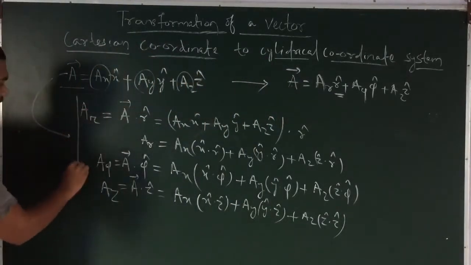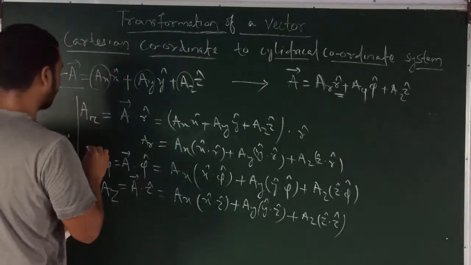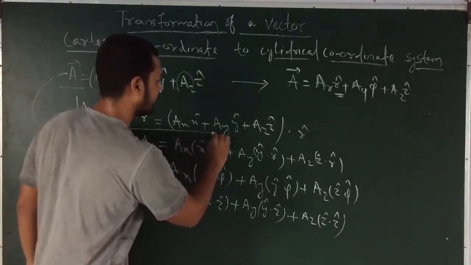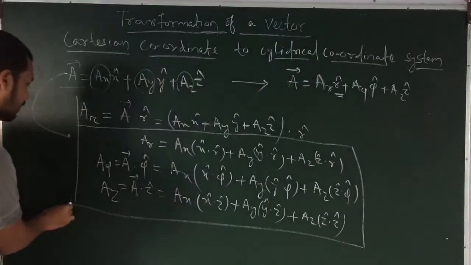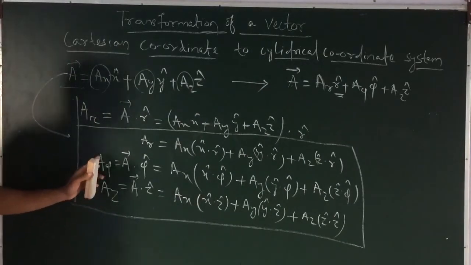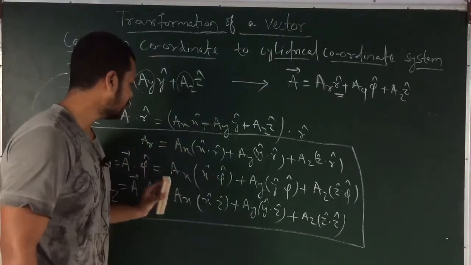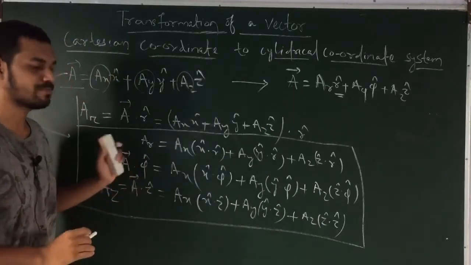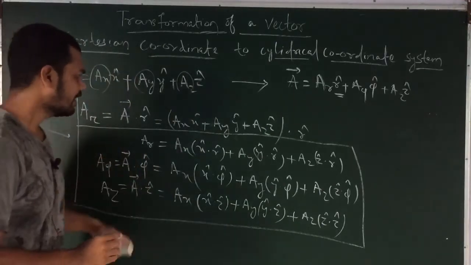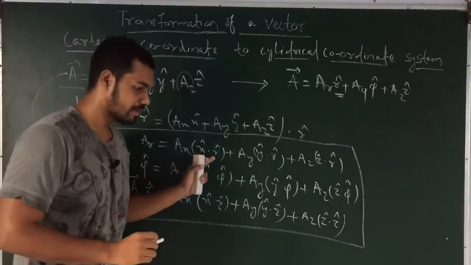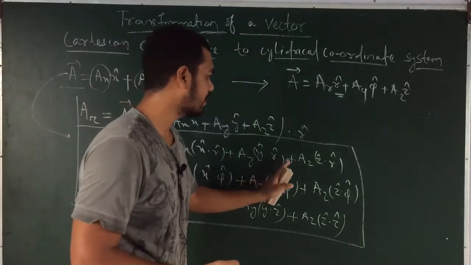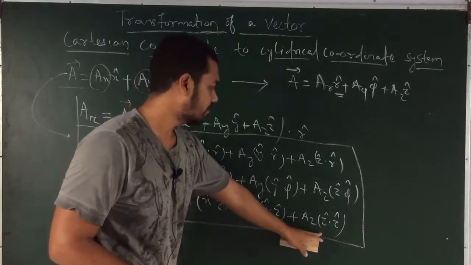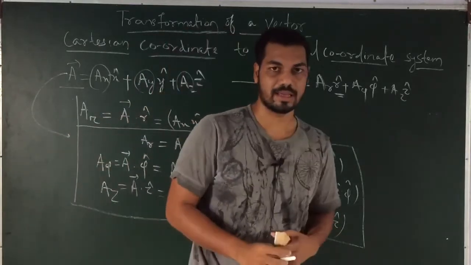So finding Ar, A phi and Az will help you to find the vector A in cylindrical coordinates. I hope you don't have any doubt regarding this explanation. So the important thing is to find x cap dot r cap, y cap dot r cap, and up to z cap dot z cap.